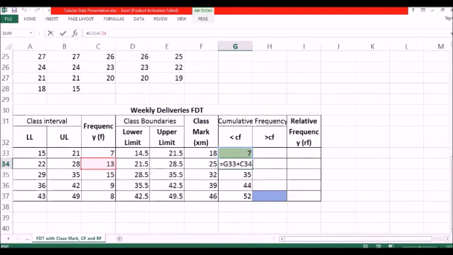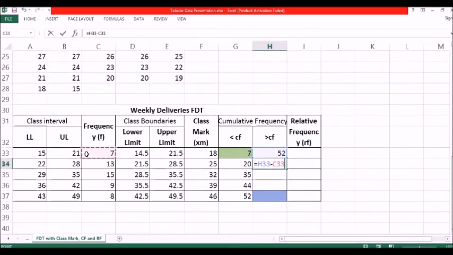Then, for the greater than cumulative frequency, no? So, syempre, this one is 52. Okay, then the next one, subtract mo yung dalawang yun, pwede. So, 52 minus 7. Okay?